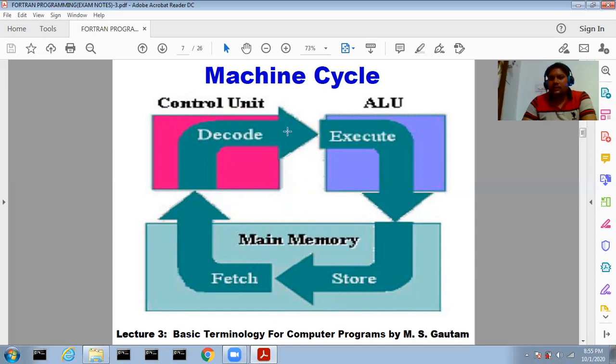Then following the instruction given by its user, the computer will do some operation, and then the results of this operation or process are stored in the main memory. So this one complete cycle is known as the machine cycle. The computer performs its job by repeating this machine cycle again and again. So this is basically one complete cycle for a particular operation.